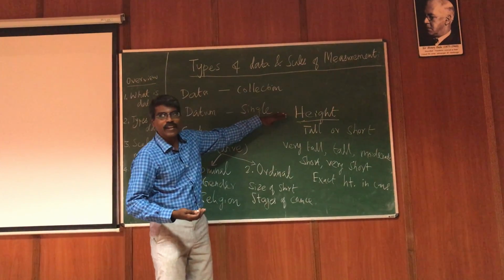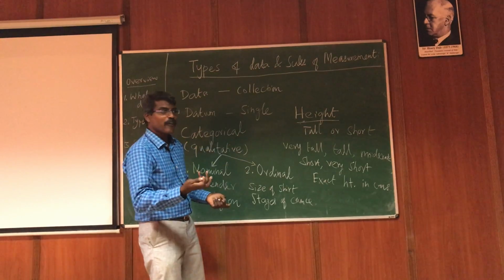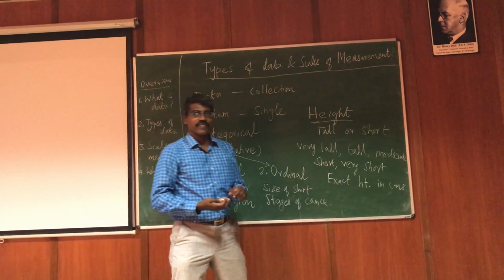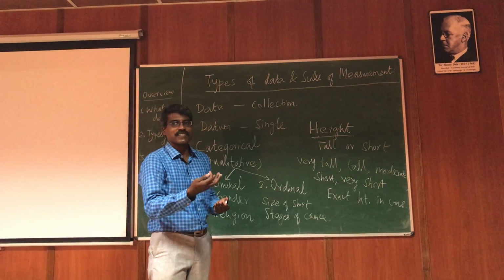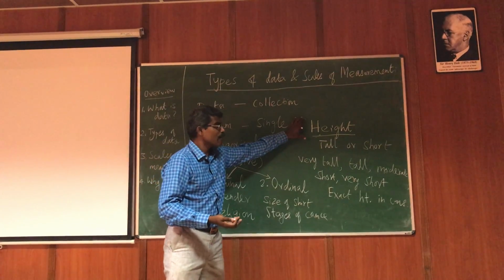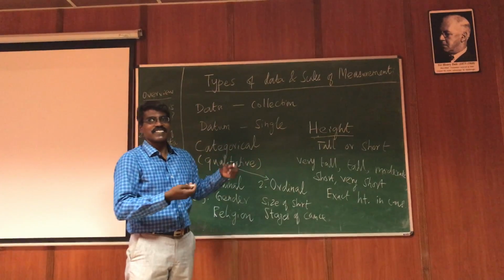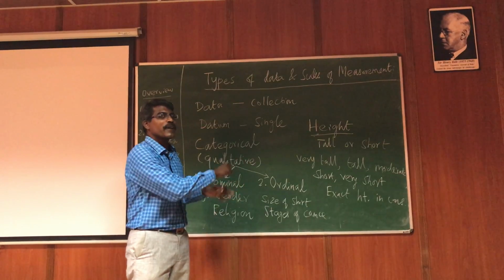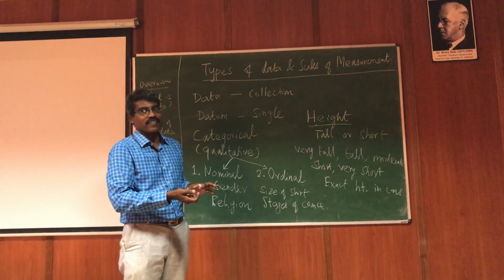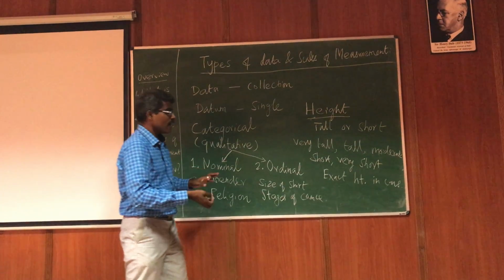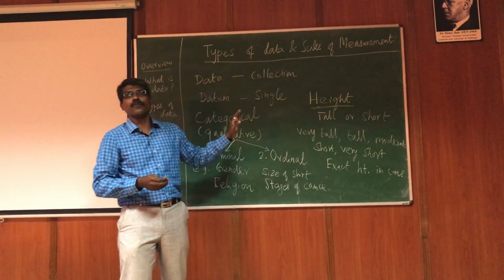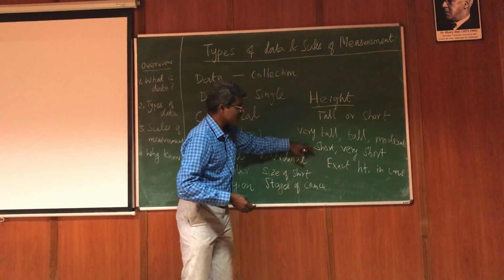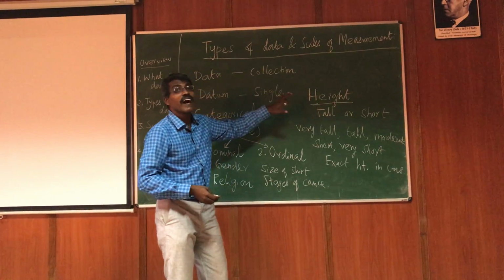Let's take the same variable, I can quantify in terms of centimeters. So that becomes a continuous variable, continuous type of data. So the same variable, how we measure it, the scale of measurement, determines what type of data we are going to get. Right. Now, one cautionary note as far as the continuous variable goes, as we told, we can measure the height in any way like this.